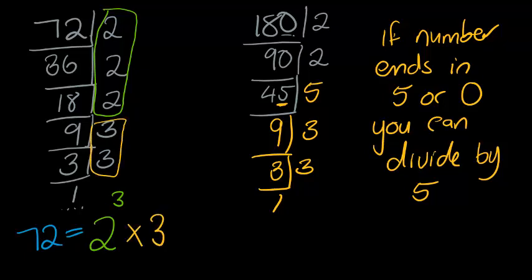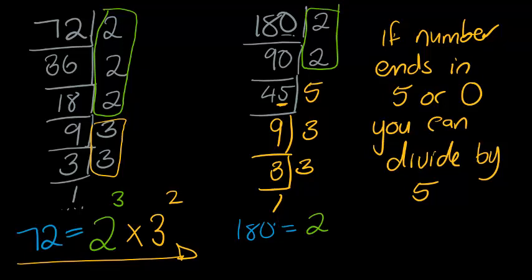So 72 is 2 cubed times 3 squared. 180 is going to be equal to 2 2's, 2 squared. I've got 2 3's, 3 squared, and I've got 1 5.